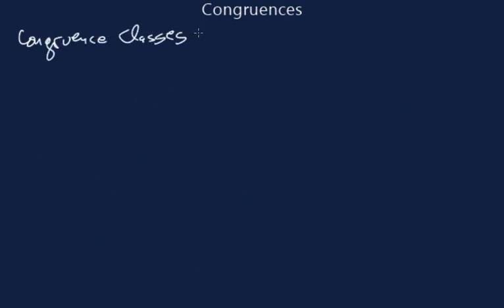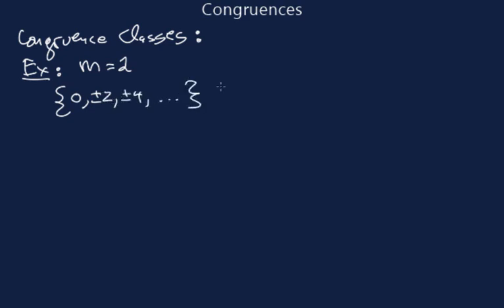Now, there's a little bit of a subtle notion here. That's the notion of congruence class. And let me illustrate this with an example. Take the case when M is equal to 2. Well, we saw that all of the even numbers are equivalent to each other.